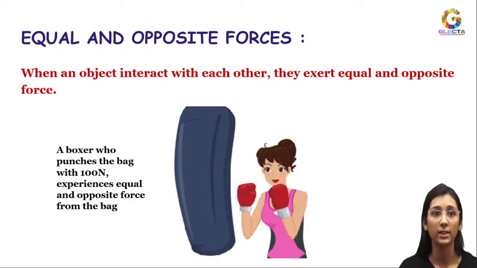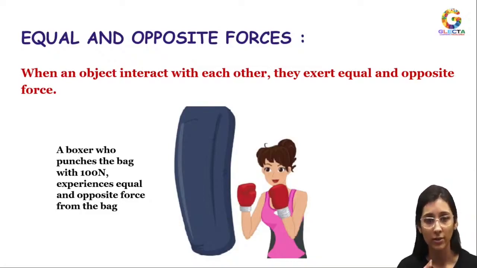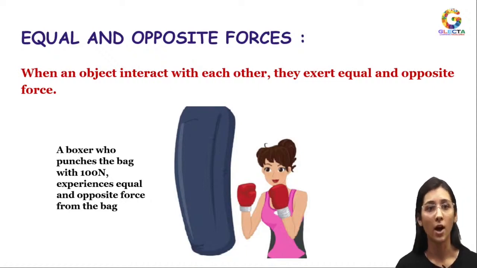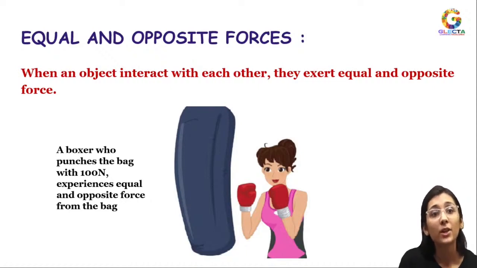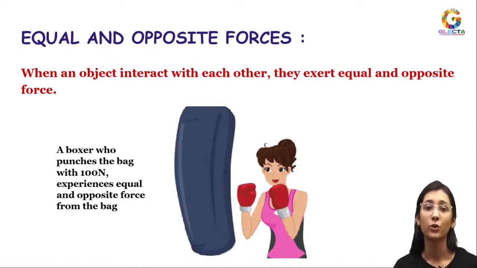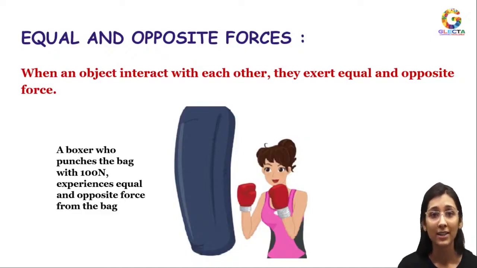So over here you can see there's a boxer, right, who punches the bag with 100 Newton. She applies some force on the bag, and how much force? 100 Newton. And she experiences equal and opposite force from the bag, right? So that is why they do wear gloves, okay?